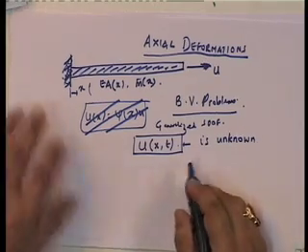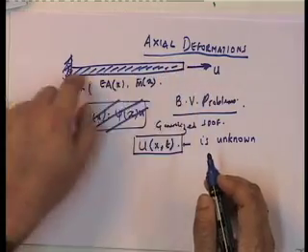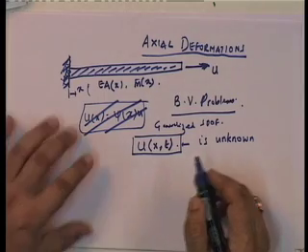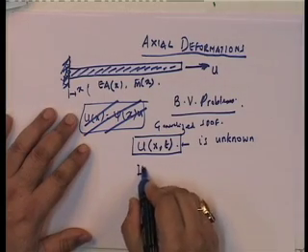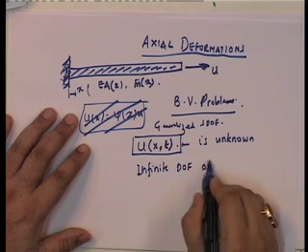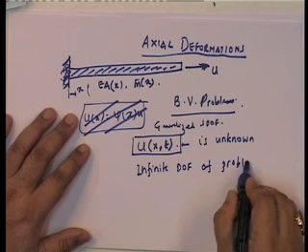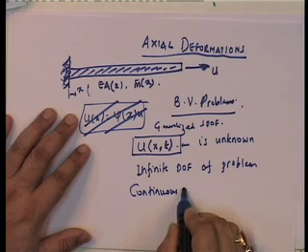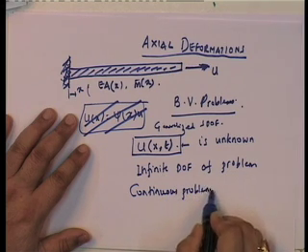Now, if u x of t becomes an unknown, what you are saying is that the displacement at every point is an unknown. So, if displacement at every point is an unknown, this becomes an infinite degree of freedom problem, and this is actually a continuous problem.